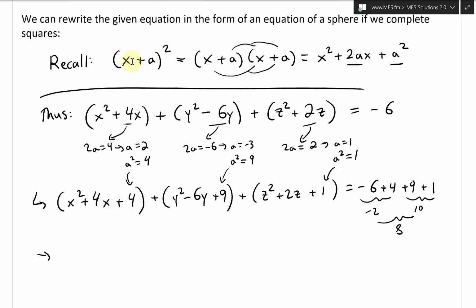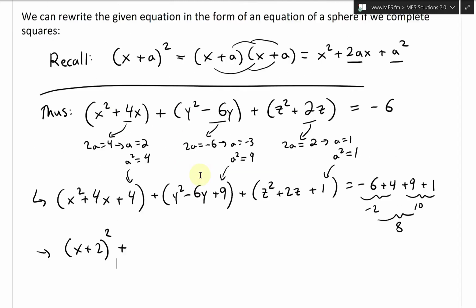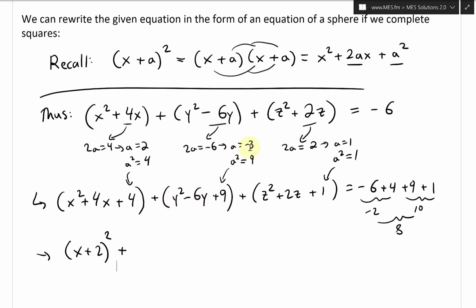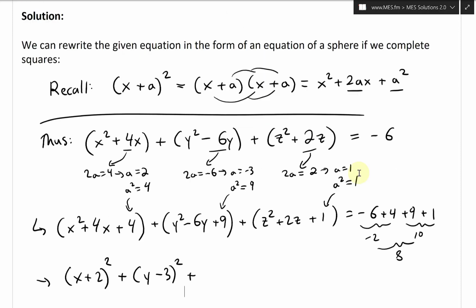All right, so now this is completing the square. x squared plus 4x plus 4 just becomes x plus a, squared, where a is 2. So this becomes x plus 2 squared, like that. The next one is y, where a is negative 3. So we're going to have y minus 3 squared. And then plus the next one, where we have this square completed, this a is just 1.